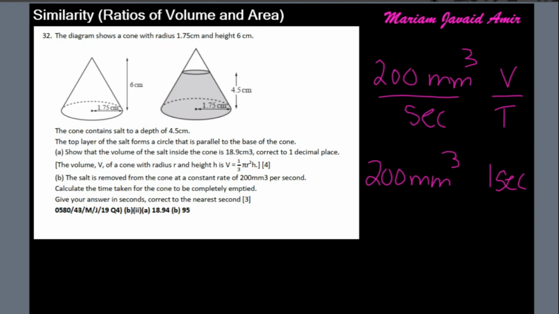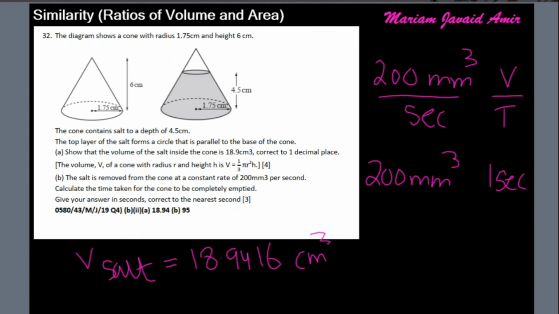So from the previous part we got the volume of salt to be 18.94. I'll be using the unrounded answer, so preferably I should use 18.9416 till 4 decimal places, centimeter cube. I need to change this into millimeter cube.